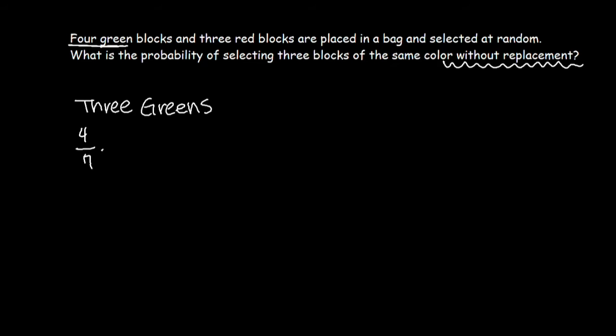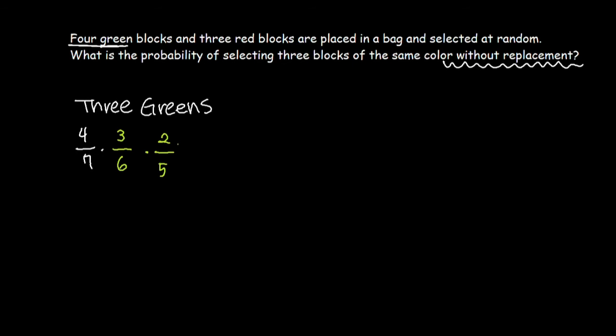So instead of 7 blocks, you now have 6 blocks in the bag, and the remaining green, there's 3 remaining green blocks. And the same thing, if you pull out a green block and you're not going to replace it, you're going to be left with 5 blocks in total, and you're going to be left with 2 green blocks.